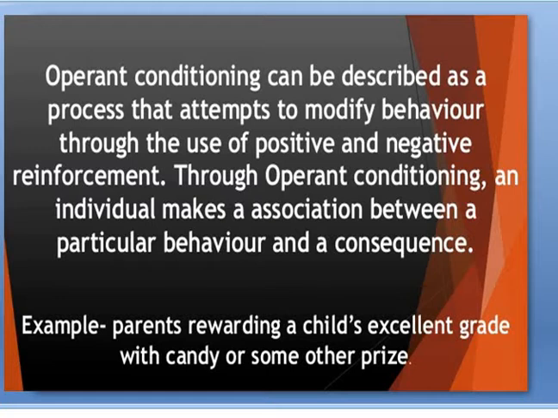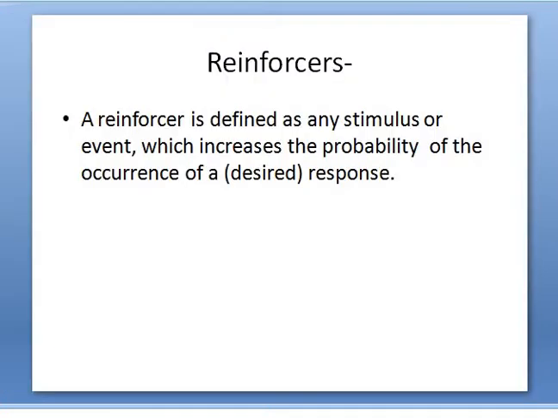You have noted that operant and instrumental conditioning is a form of learning in which behavior is learned, maintained, or changed through its consequences. Such consequences are called reinforcers. A reinforcer is defined as a stimulus or event which increases the probability of the occurrence of a desired response.